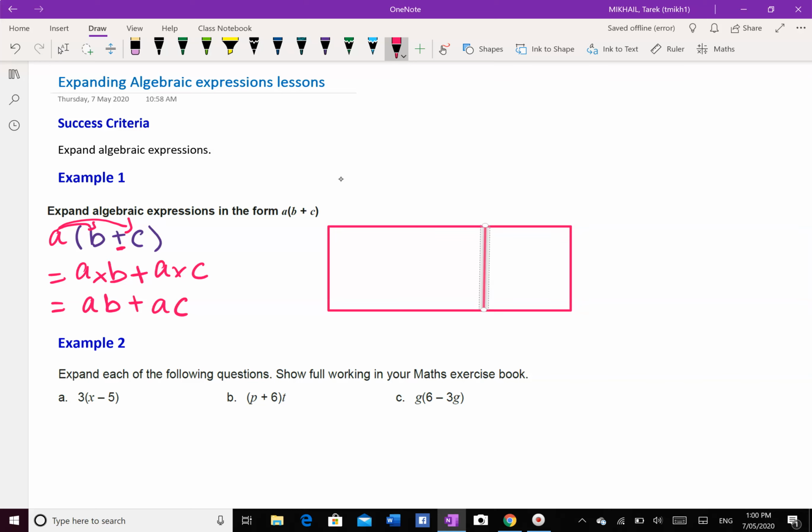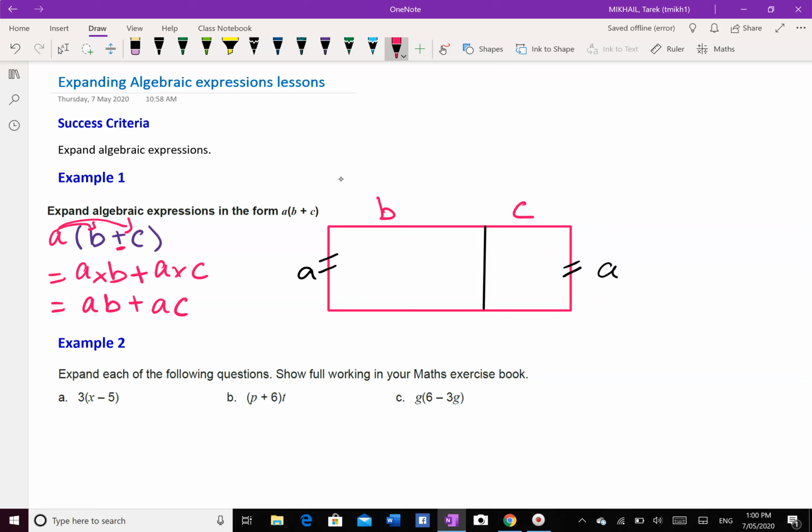For A, I'll put A on the width. A will be here, and this side of course equals this side, so this will be A as well. And then on this side I will put whatever is inside the brackets, on the length, so B and C.